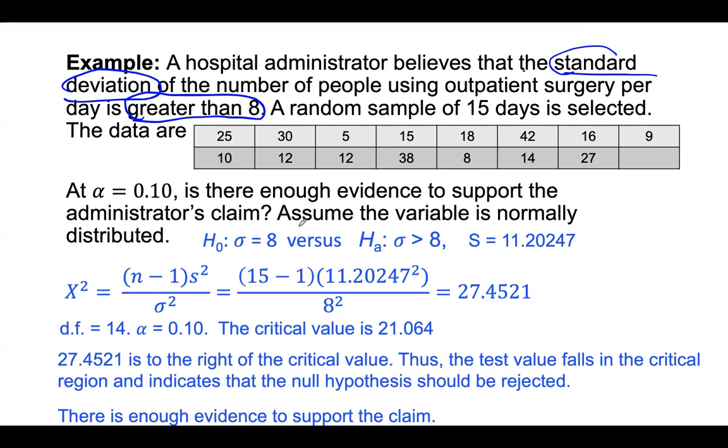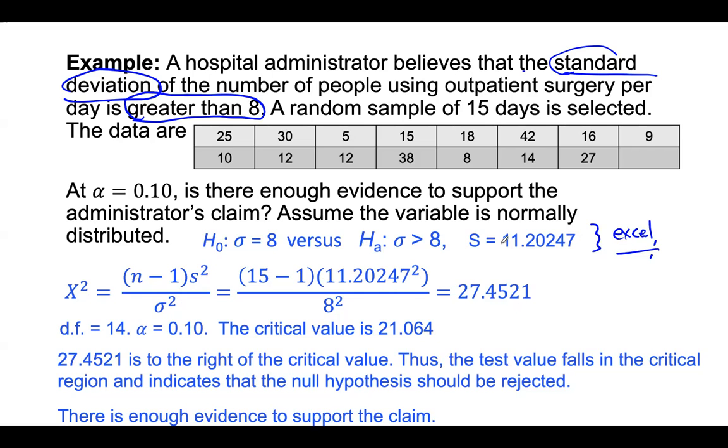So we want to see that the standard deviation is greater than 8, versus the null hypothesis that it's equal to 8. Now with this data, we could just use Excel. I just showed you how to do that to find what S is. So chi-squared is equal to n minus 1 times S squared divided by sigma squared.